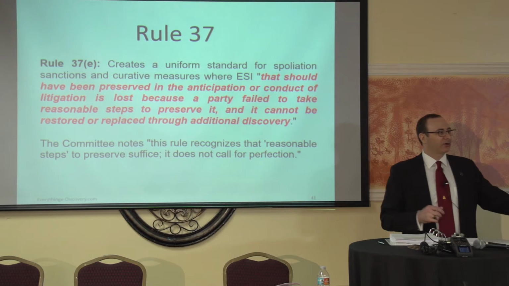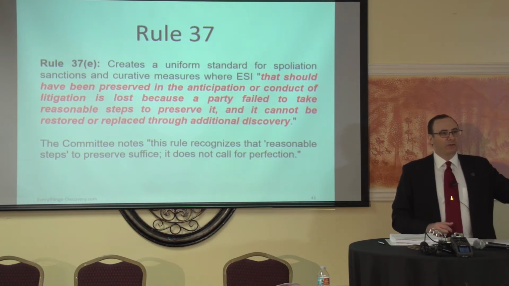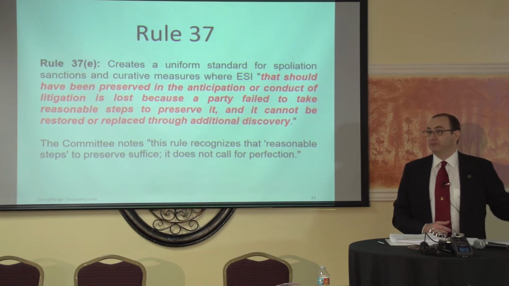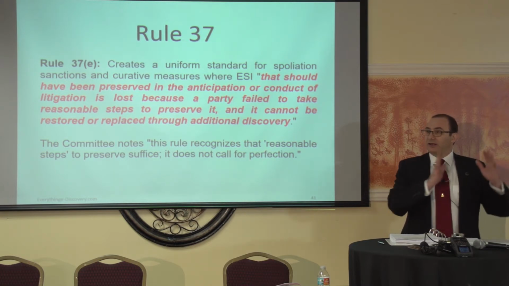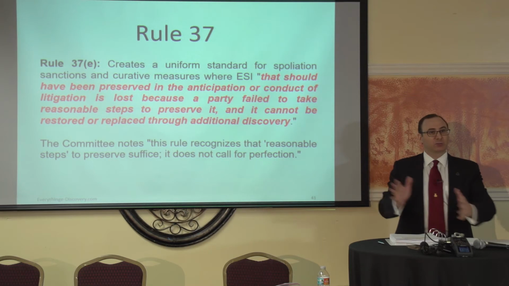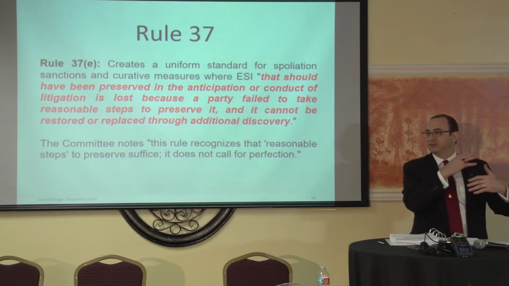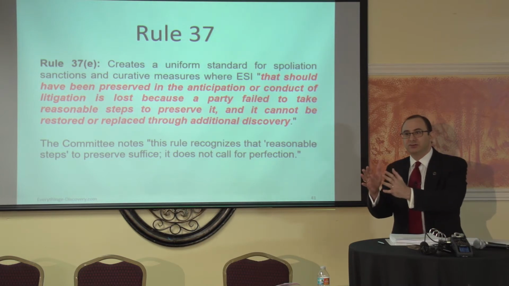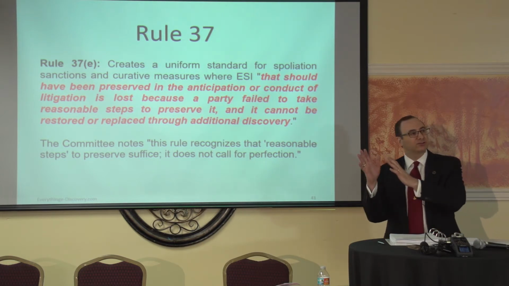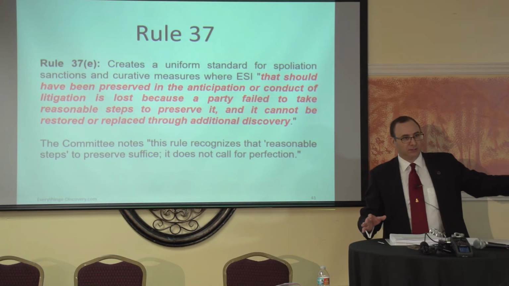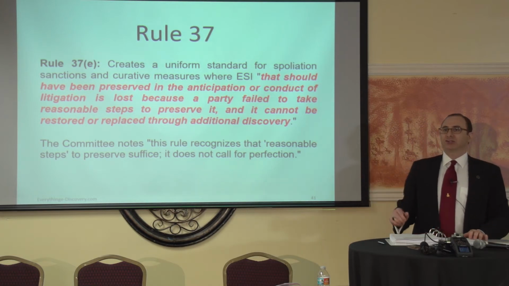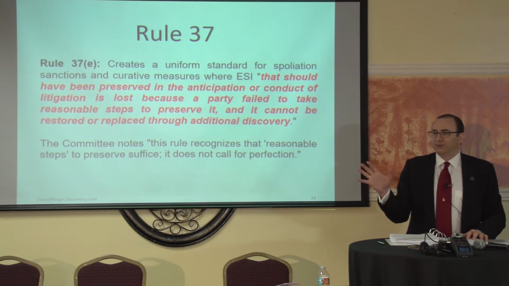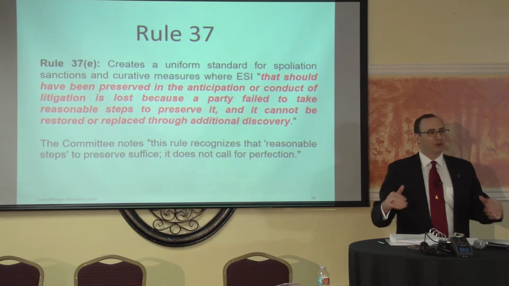When the rules first started out, it was, oh, well, they didn't keep the data, they had a duty to preserve it. Okay, now we're going to cut their head off. That's the sanction. That pendulum always kind of swings back and forth as the cases develop under these rules. What we're seeing now through two cycles of the amendments is the federal courts are saying, whoa, not so fast. Okay, there was an obligation to preserve the data. That was not met. But what's the harm? You've got to now show an additional level.